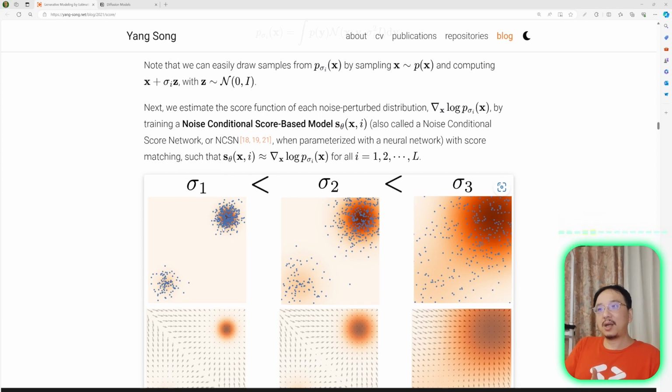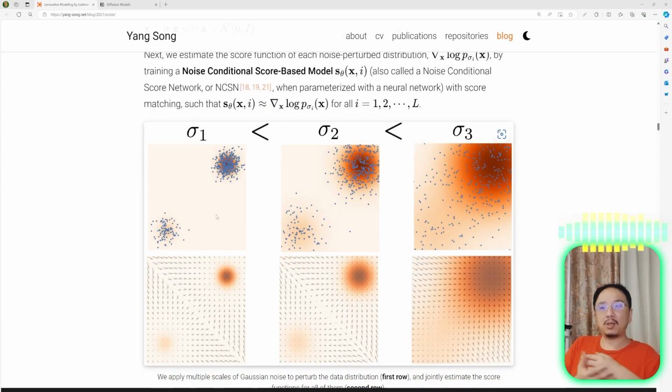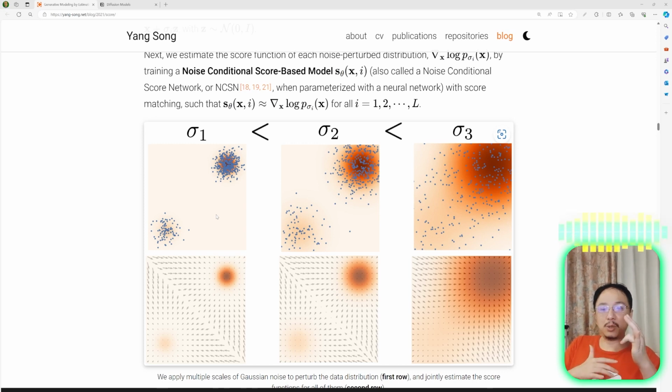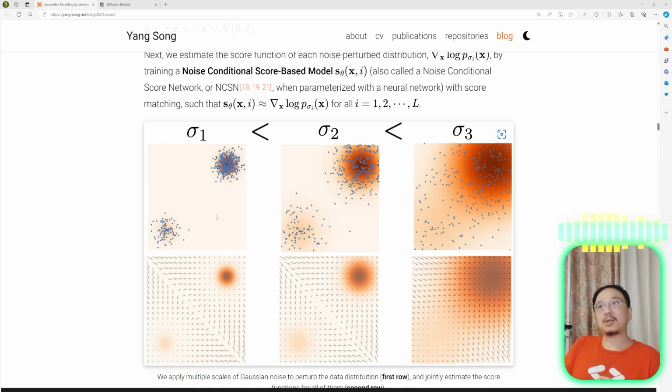And we do the Langevin dynamics iterative procedure on the most noisy model for a while, so that the point is close enough to the more populated region.